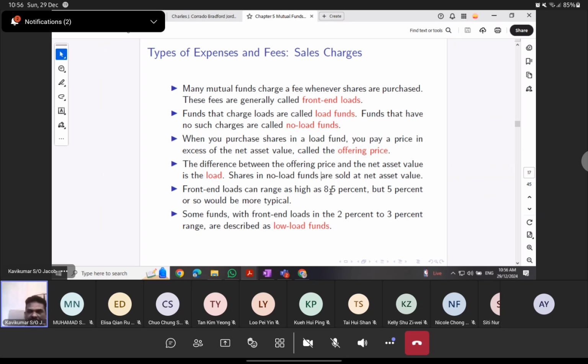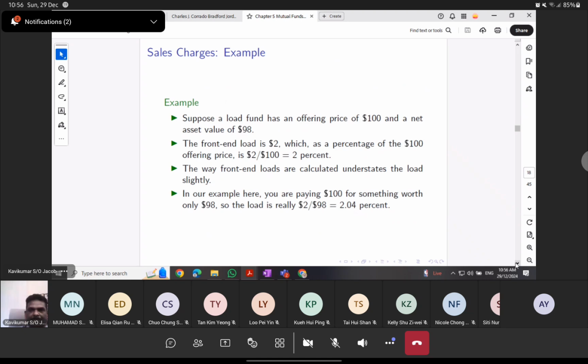Some mutual funds have much higher prices. Any fund with a front-end load in the 2% to 3% range is called a low-load fund.